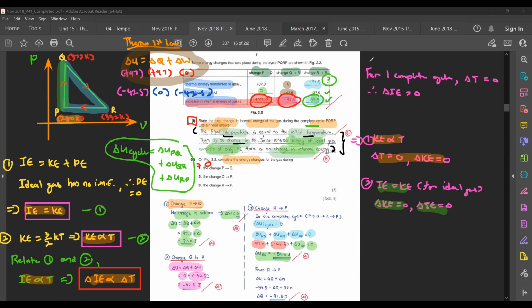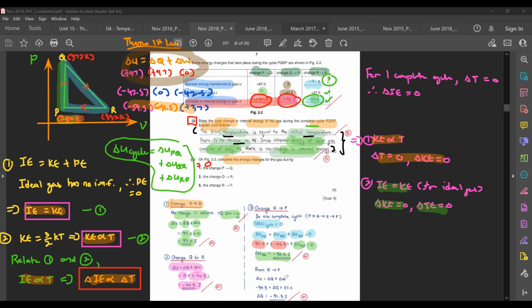So if you know that your increase in internal energy here is negative 54.5 and your work done on gas is plus 37, you'll be able to work out the heat supply as negative 91.5 joules in order for the equation to balance.